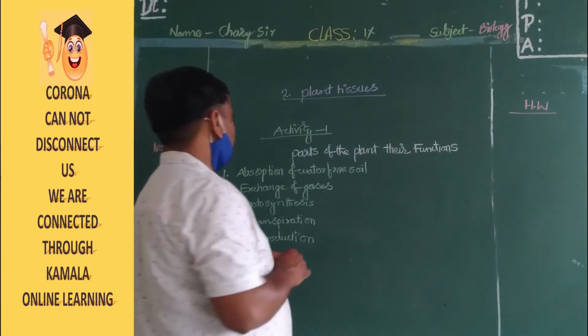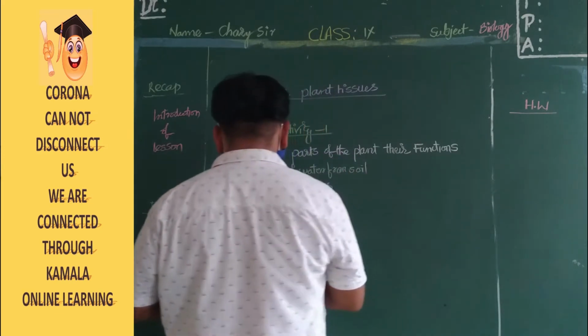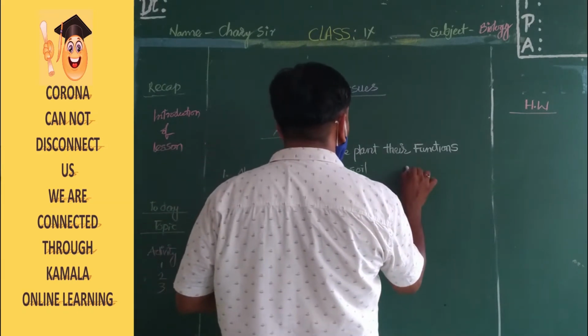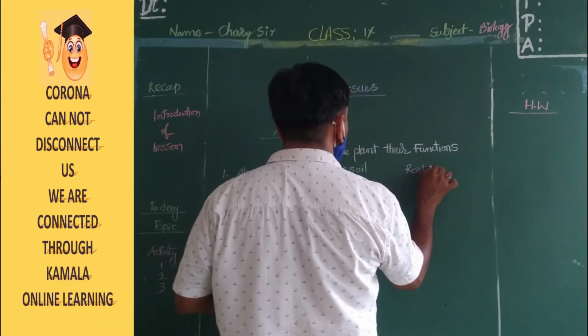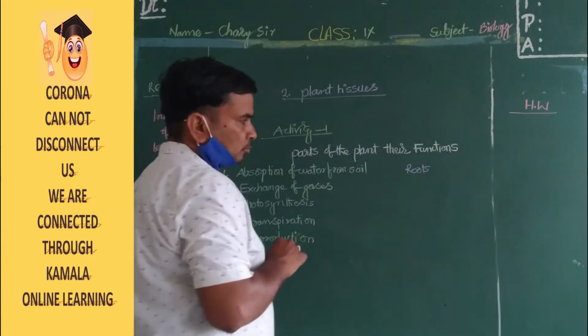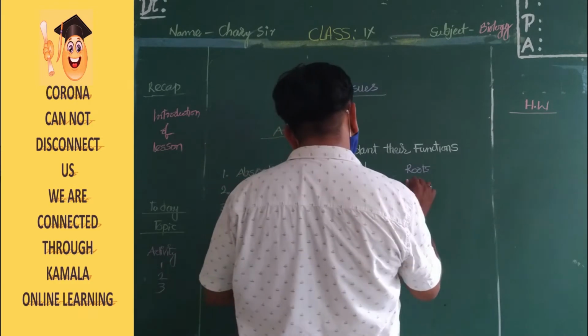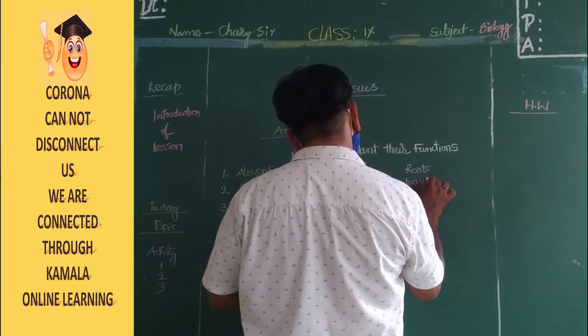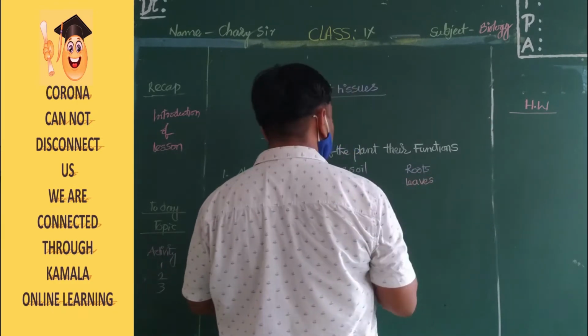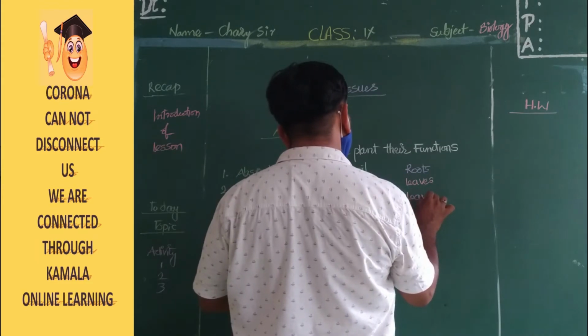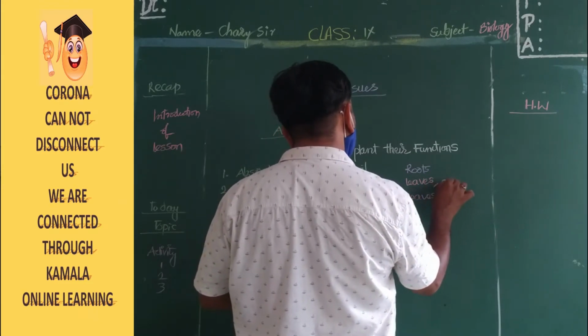Absorption of water from the soil: who will absorb it? Tell me. Roots will absorb. Next, exchange of gases: who will do it? Leaves will do. Photosynthesis: leaves and stem.